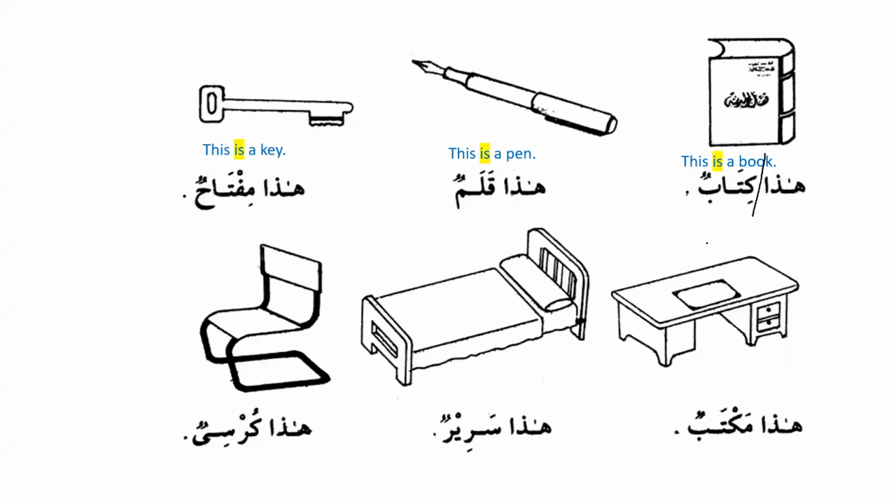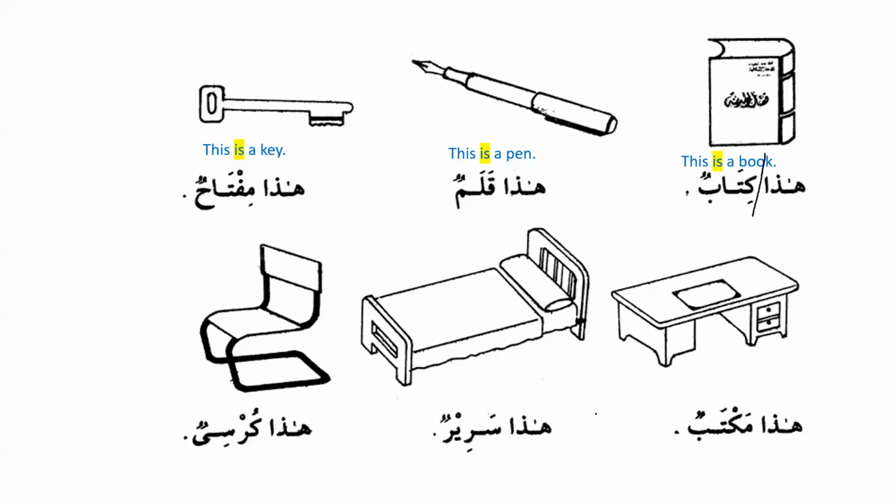Again, I'm emphasizing that in order to get a complete sentence, we should have a definite noun and an indefinite noun, ma'rifa and nakira. When we have the combination of definite and indefinite noun, then it becomes a complete sentence. So we have book here, qalam here, and miftah over here.